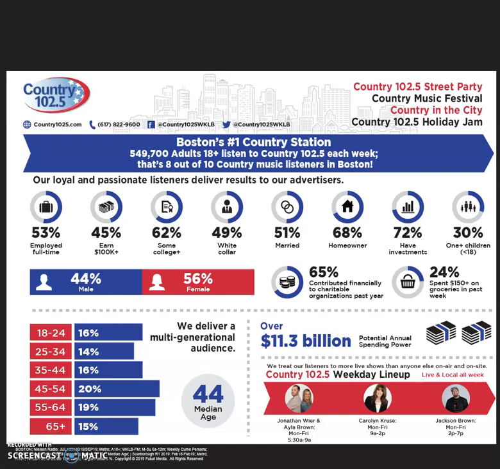With this information, they're trying to convince companies to spend their advertising dollars on 102.5, but they want to make sure the advertisers are reaching individuals who fall within their target market, or else that would be a waste of money.